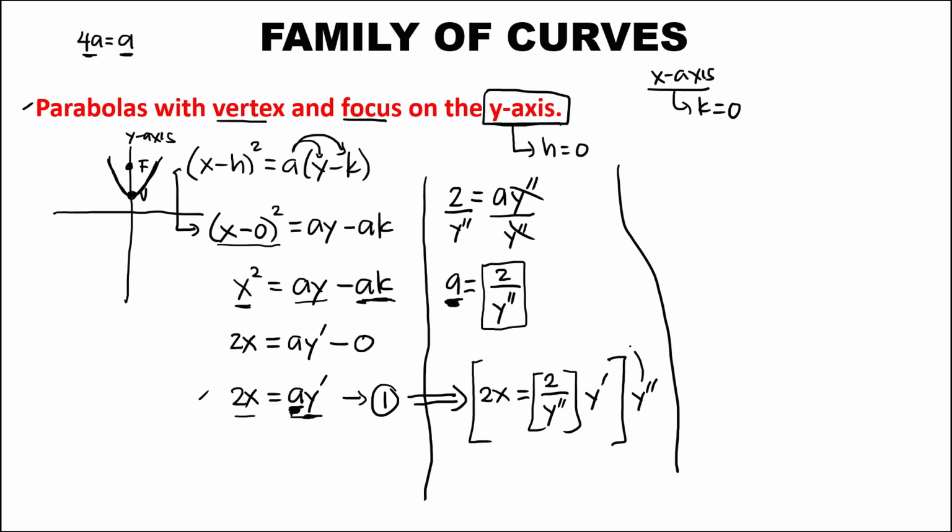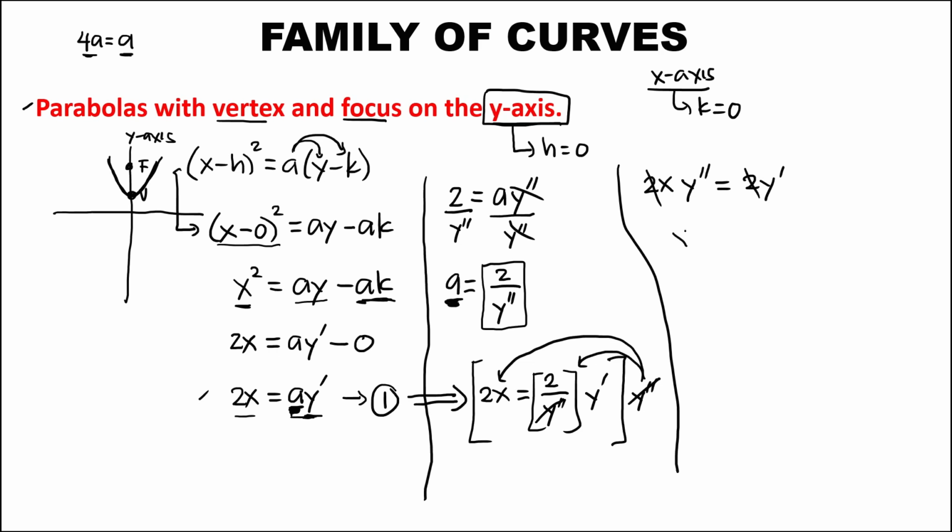So this becomes 2x y double prime equals this term, and we can cancel the y double prime, so we have 2 times y prime. Observe that we can eliminate these 2.